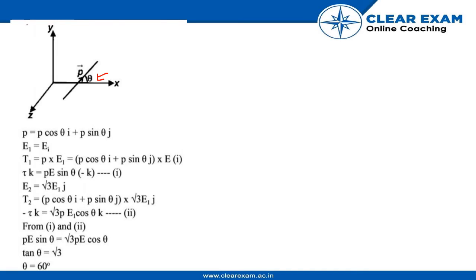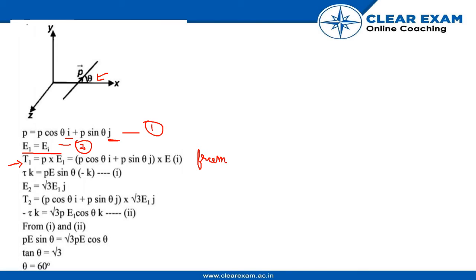So as we know the formula, P is equal to P cos theta i, that is the x-axis, and P sin theta j, that is the y-axis. Then it is given in the question E1 is equal to E i. So now to find the torque, we know that T1 is equal to dipole moment cross electric field.